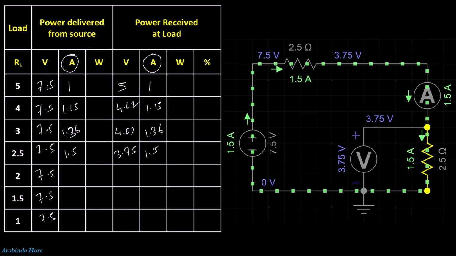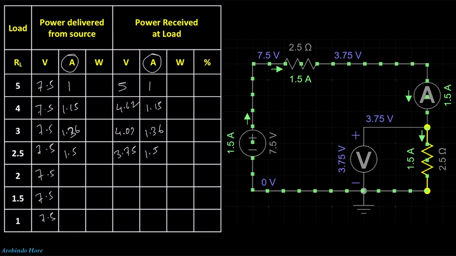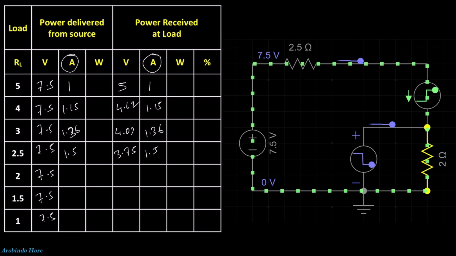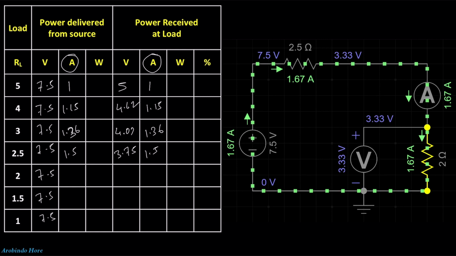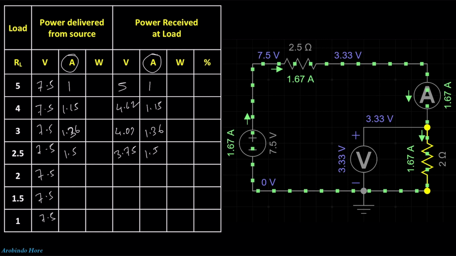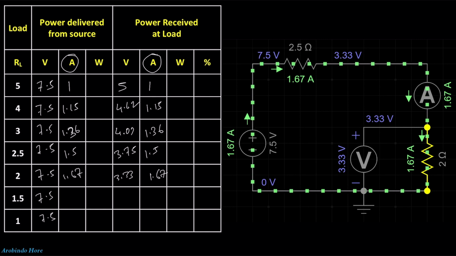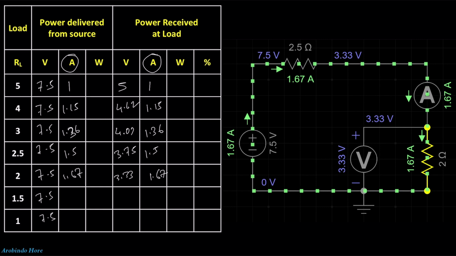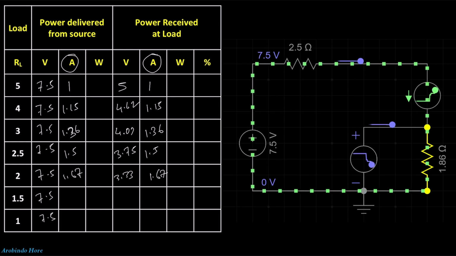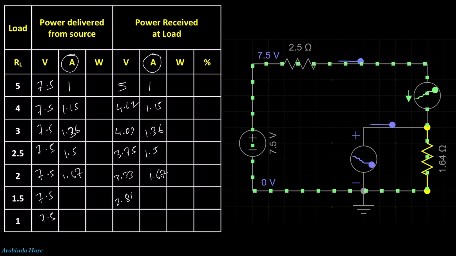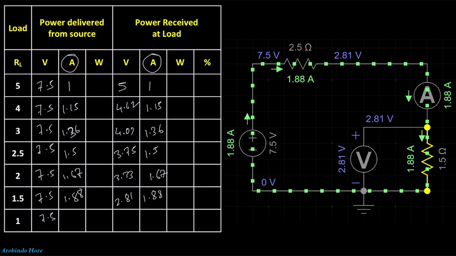And let's change the resistance from 2.5 to 2 ohm, 1.5 and 1 ohm. Then you will get the data like, for 2 ohm, it will be 3.33, and the current is 1.67. For 1.5 ohm, it is 2.81 and the current will be 1.88.